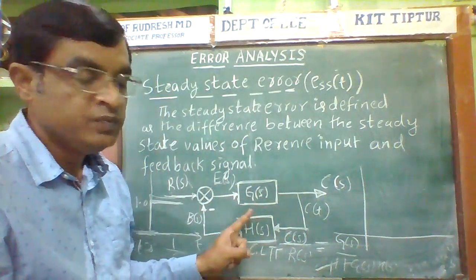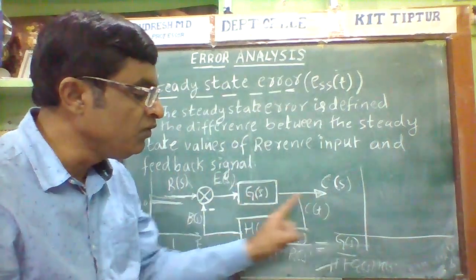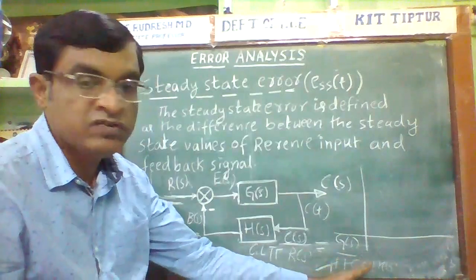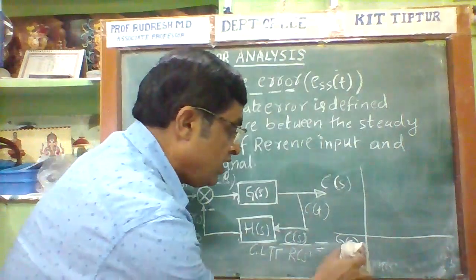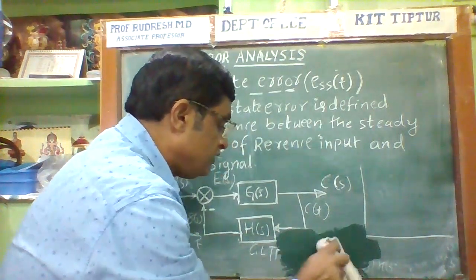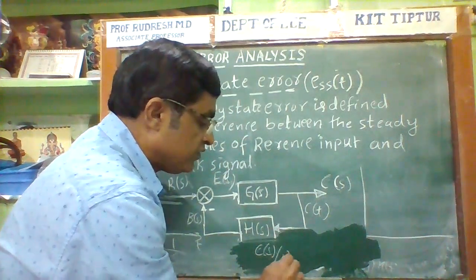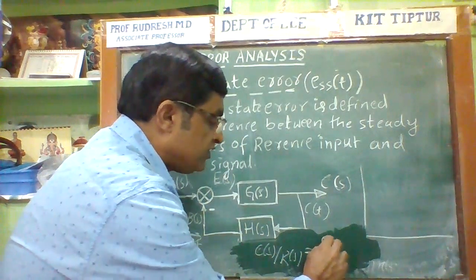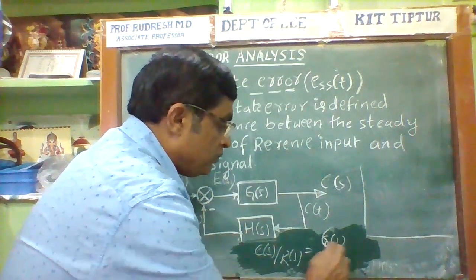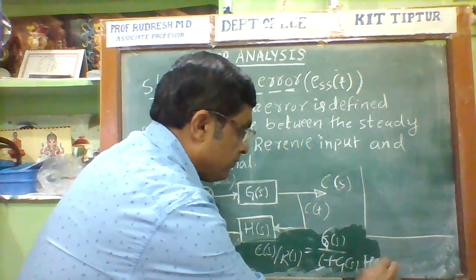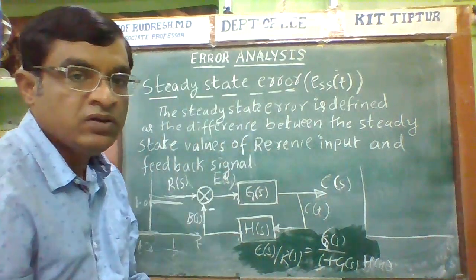So if I know the closed loop transfer function, G of s divided by 1 plus G of s into H of s, then C of s divided by R of s is equal to G of s divided by 1 plus G of s into H of s.